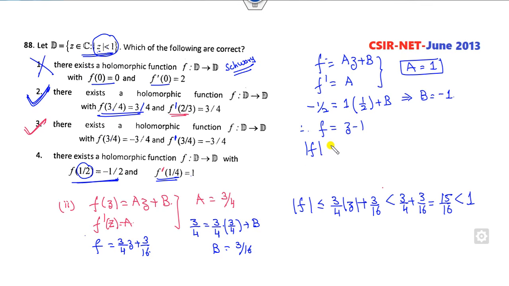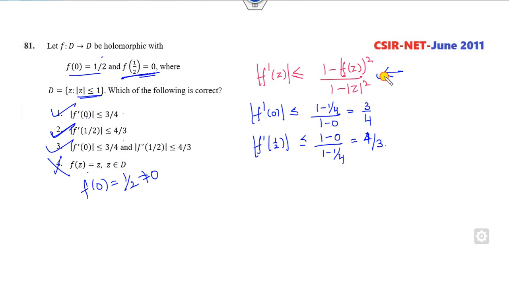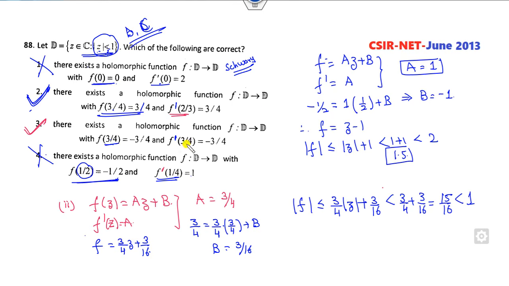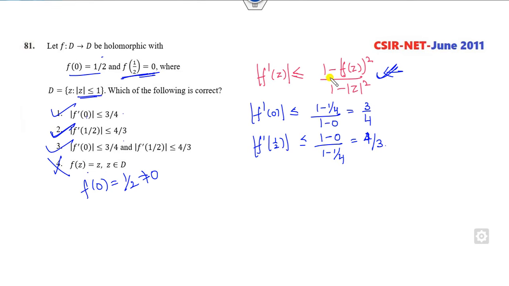So if I take the modulus, it will be less than or equal to |z| + 1. |z| is less than 1 + 1, which is less than 2, which is not satisfied because this value can be 1.5 as well, but the function is not satisfied over this, f(z) = 1.5. So the right answer is that B and C are the correct options. Remember, because the same initial point is given to you, you can apply this formula.